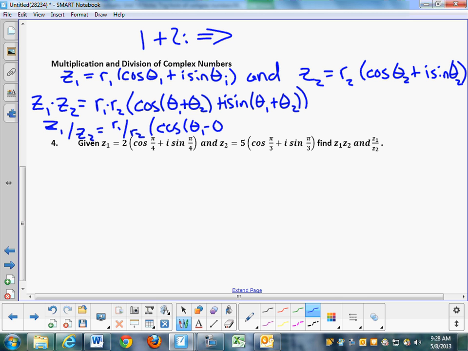Theta sub 1 minus theta sub 2 plus I sine of theta sub 1 minus theta sub 2. That formula is on page 584 in your textbook, so if you need to look it up or reference it, if you can't understand the handwriting, it's all listed right there. The formula is extremely simple to use.